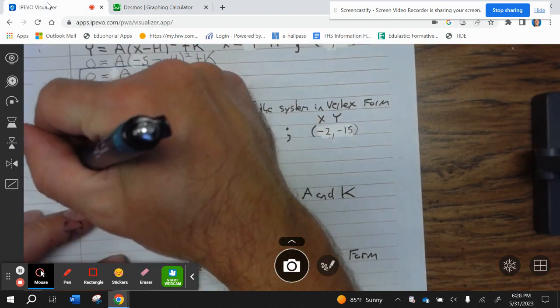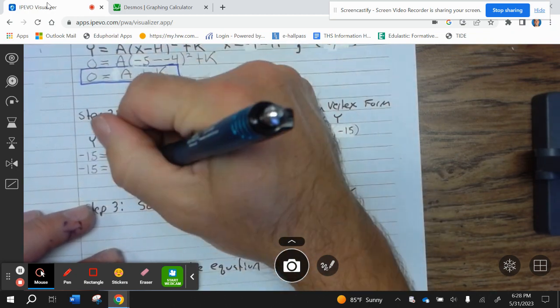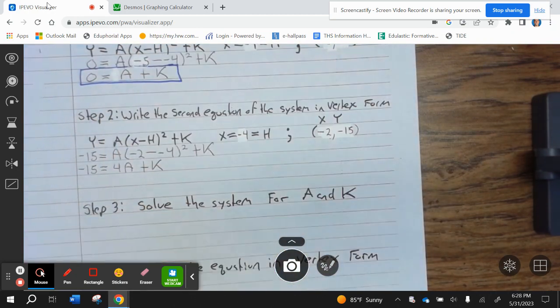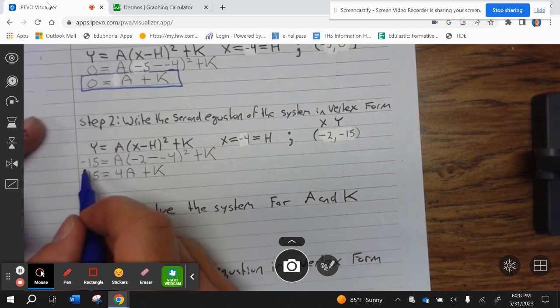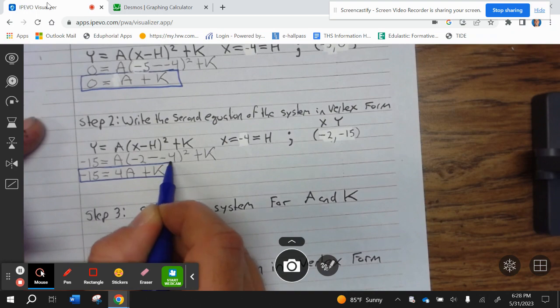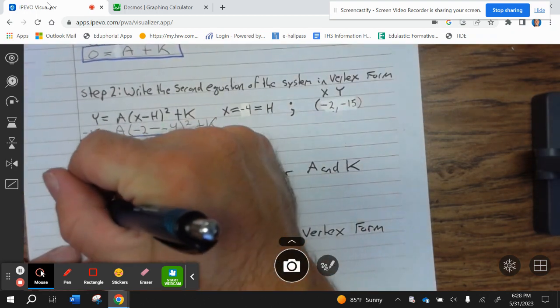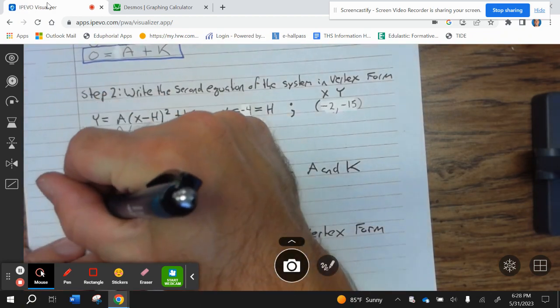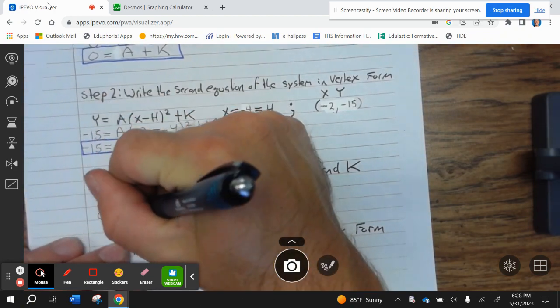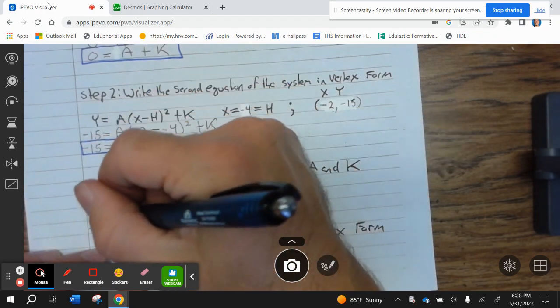Okay, so negative 15 equals 4a plus k. So we have our second equation. Okay, so let's write those down. So we have 0 equals a plus k, and negative 15 equals 4a plus k.